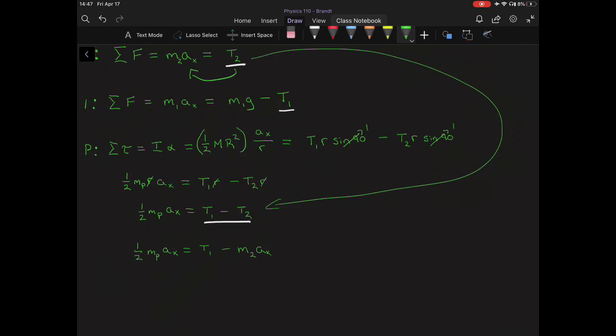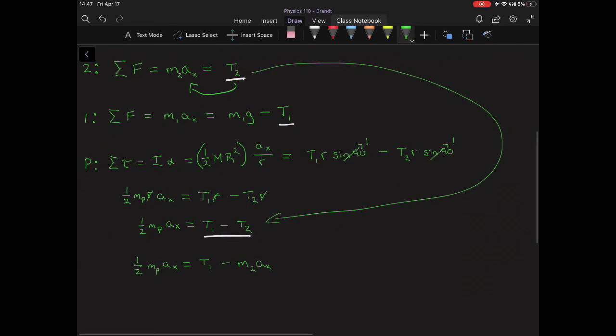Now for tension 1, we are going to have to do some minor algebra to solve for this. Tension 1 up here is just equal to M1G minus M1A in the x direction. So now we have tension 1, and we can plug it in down here.